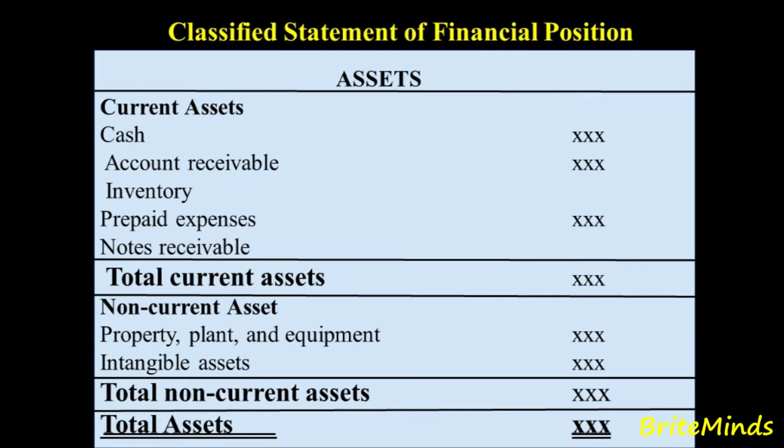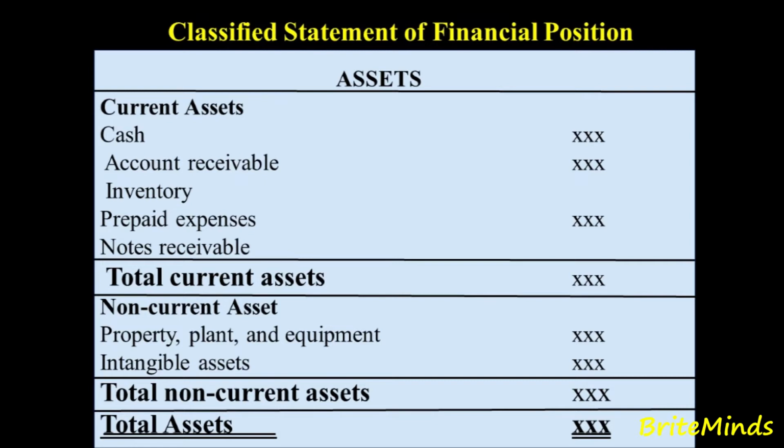And then assets are classified as non-current like the property, plant and equipment, and the intangible assets given their long-term nature. It means that this kind of assets are not easily converted or used into cash within 1 year. The examples of non-current assets are PPE and the intangible assets.